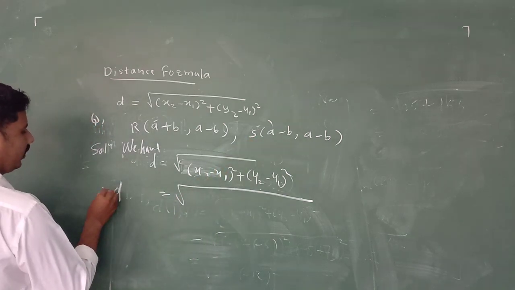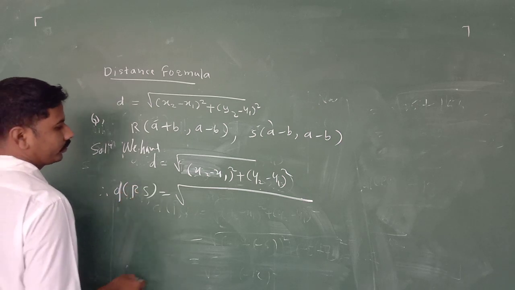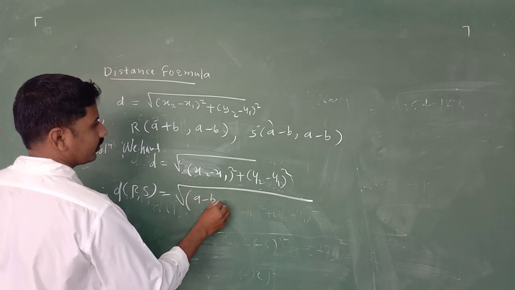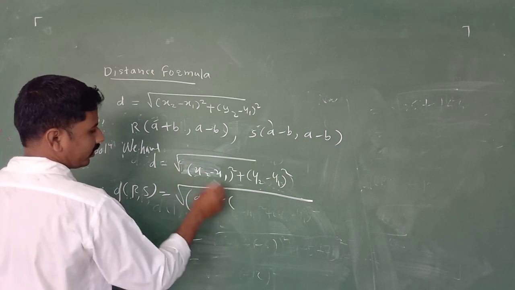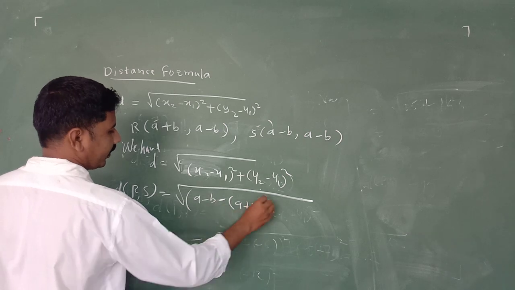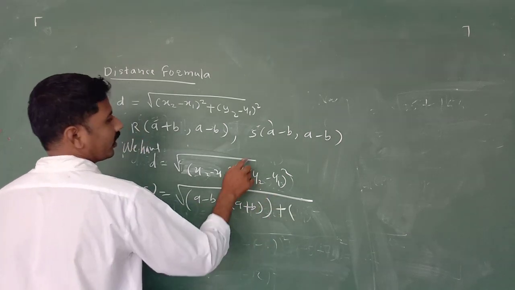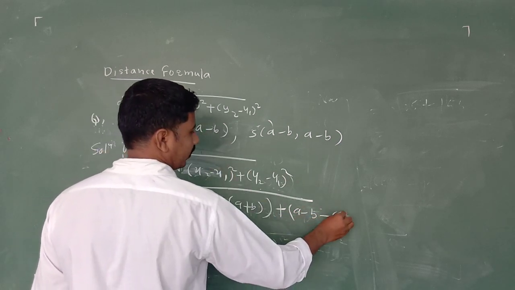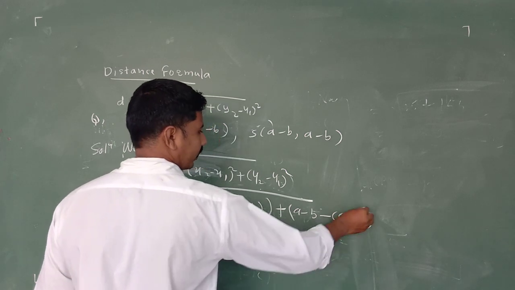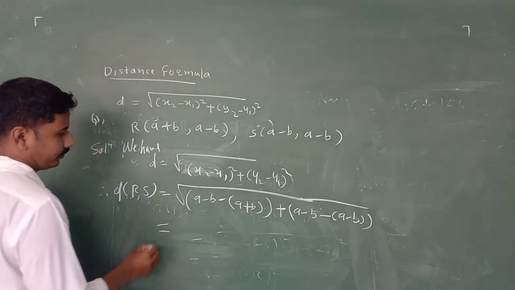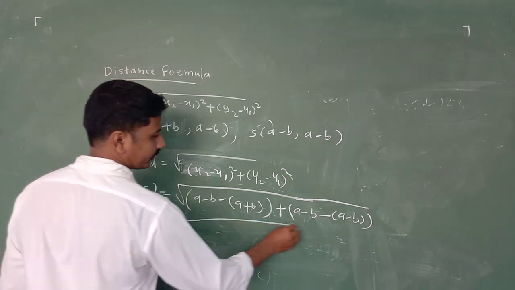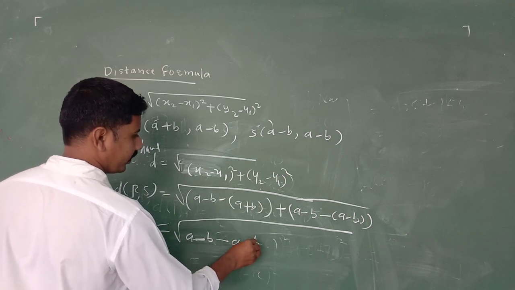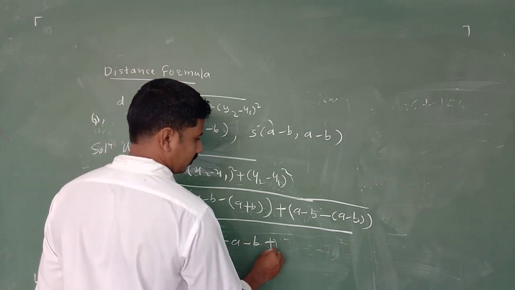So therefore distance RS is equal to under root (x2, that is a minus b, minus x1, that is a plus b) bracket square, first bracket complete, plus (y2, that is a minus b, minus y1, that is a minus b) bracket square.